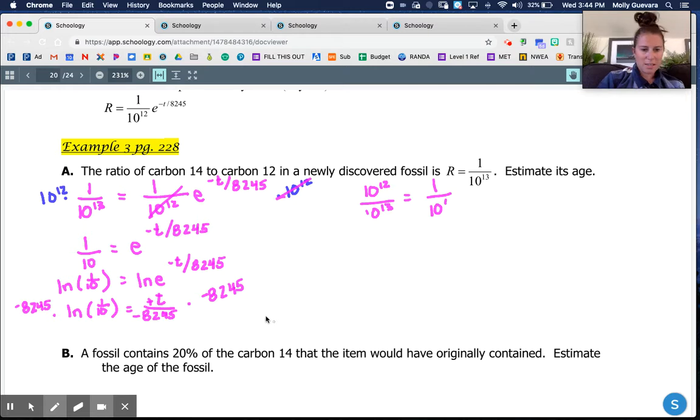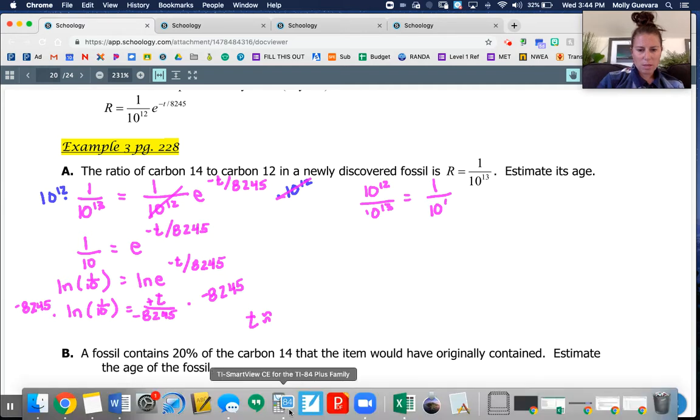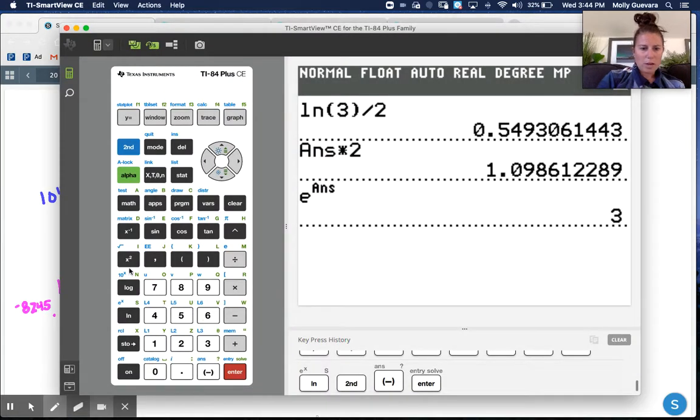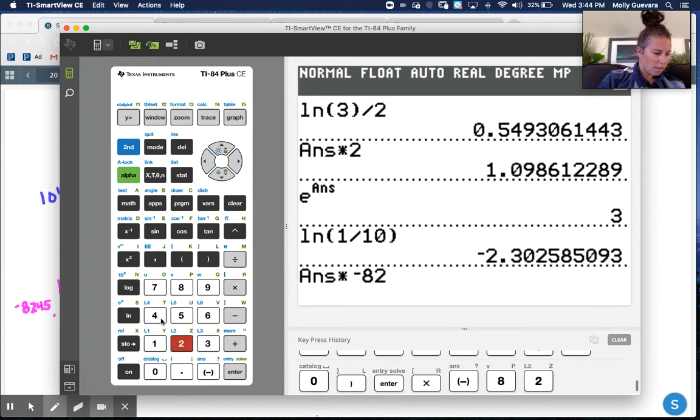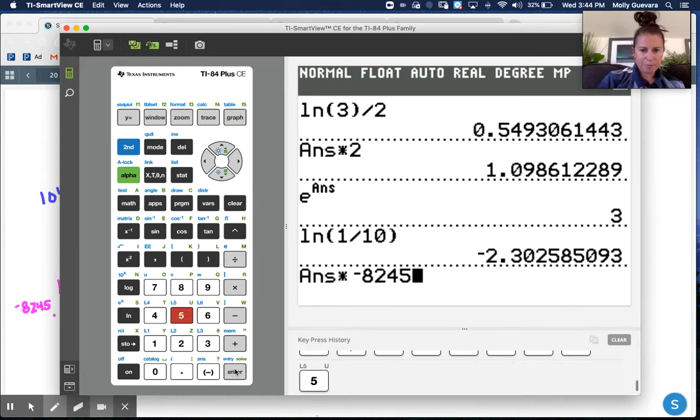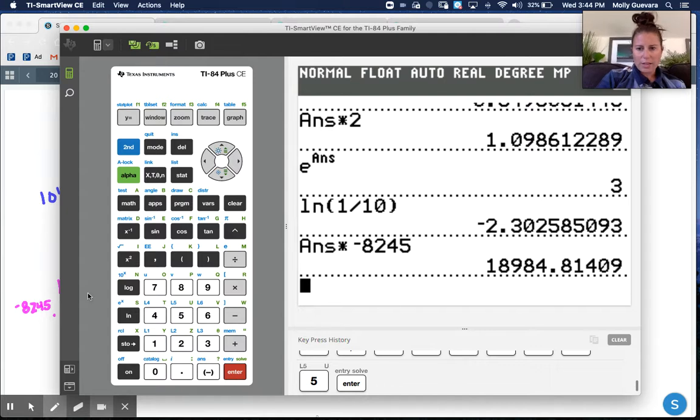Okay, so then t is approximately, let's bring up our calculator again. So I have natural log of 1/10, or you can just do 0.1. Okay, there it is. And I'm going to multiply this by negative 8,245. So I get 18,984.814.